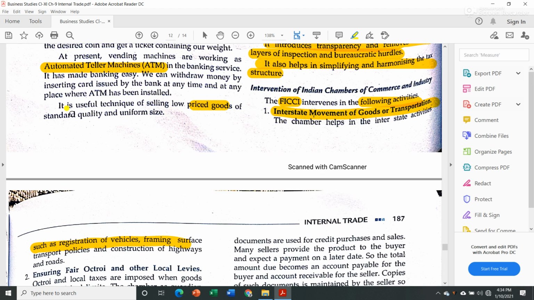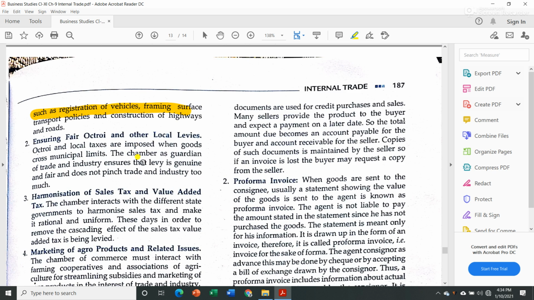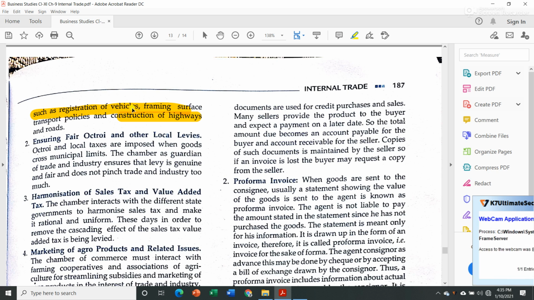Means FICCI tries to improve the movement of goods from one state to another, and regarding that they try to build various policies. They look after the construction of highways so that proper transportation takes place from one state to another. Then they help in registration of vehicles as well.